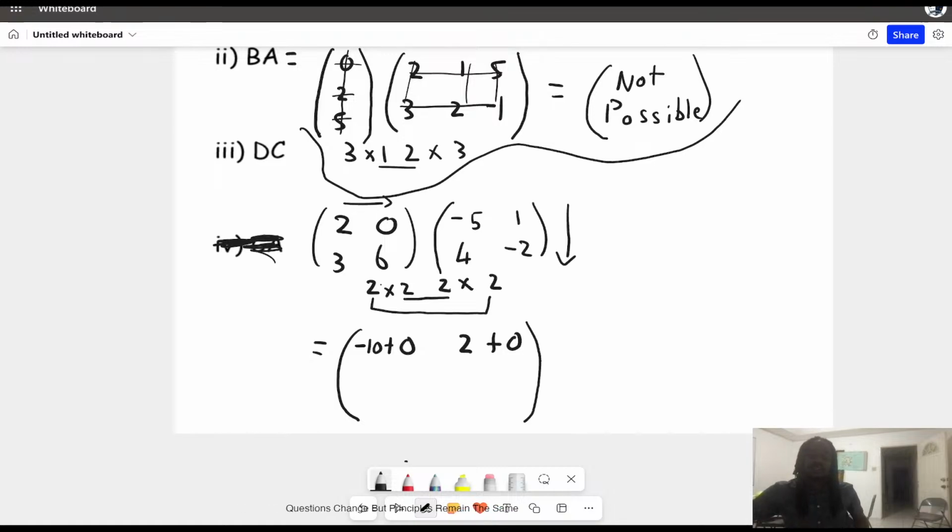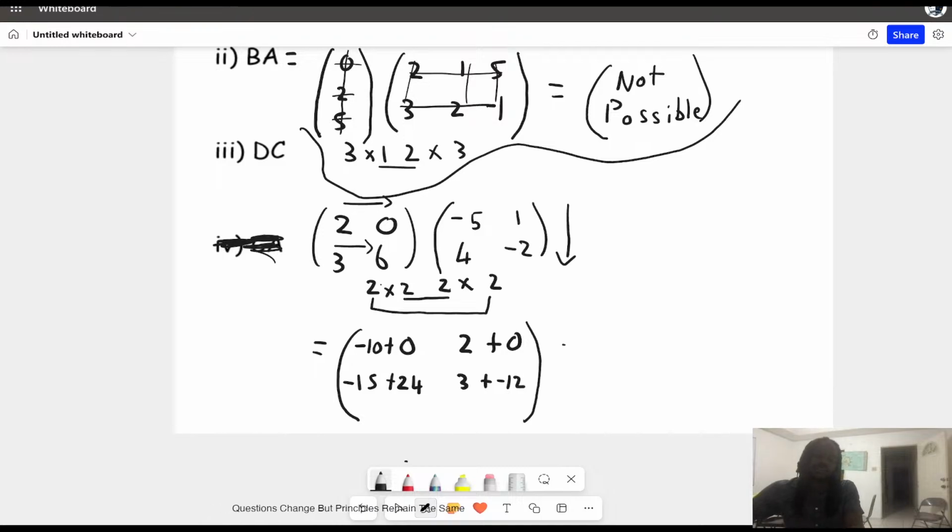Let's go again here now. Different row this time. So now we need to use the 3 and the 6, and we're going to use that row to multiply each column. So 3 times -5, -15, plus 6 times 4, 24. Then 3 times 1, 3, plus 6 times -2, -12.